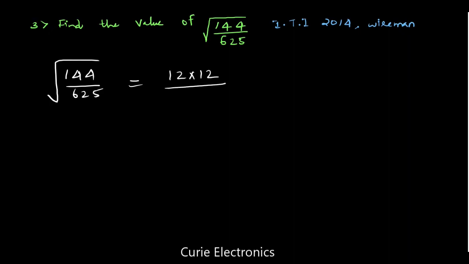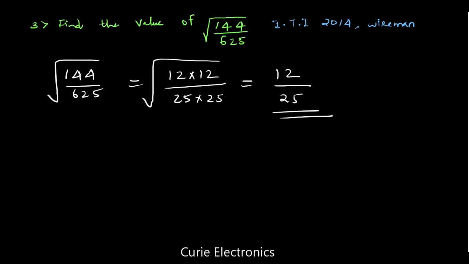If you don't know the square root, you have to use the factorization method. It is better to learn the table up to 25. 25 multiplied by 25 equals 625. If you take the square root of this, it equals 12 upon 25. That's simple.